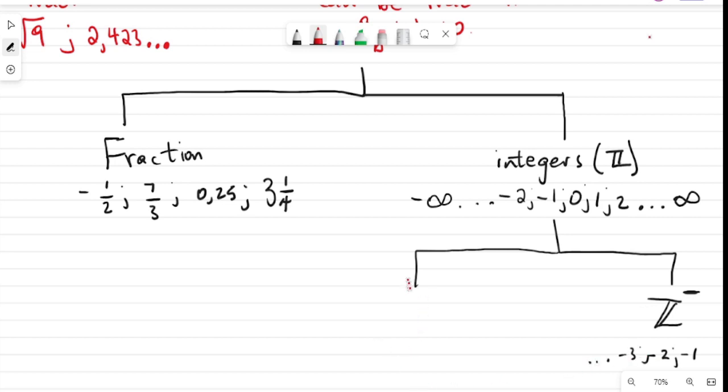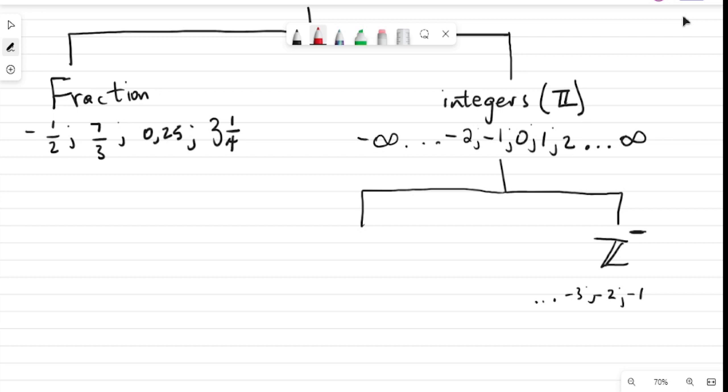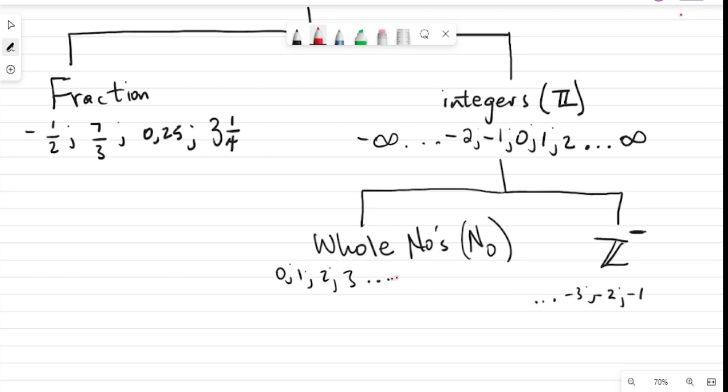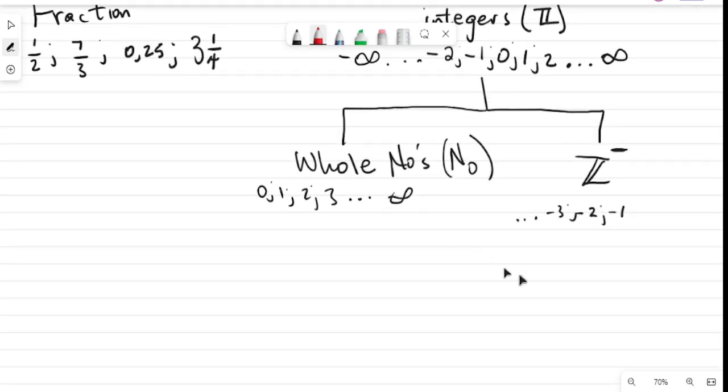On the other side, we get whole numbers. For whole numbers, we use the symbol capital N with a subscript of 0. Your whole numbers are the numbers that start from 0, 1, 2, 3, and continue all the way to infinity.